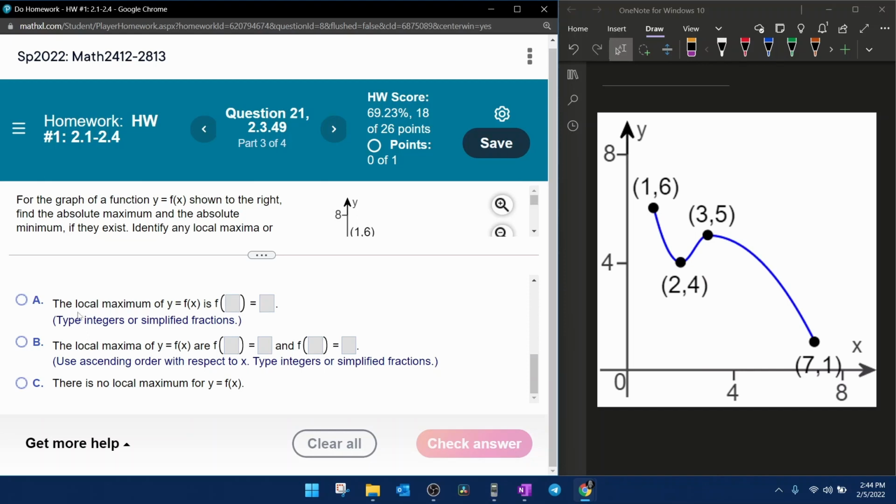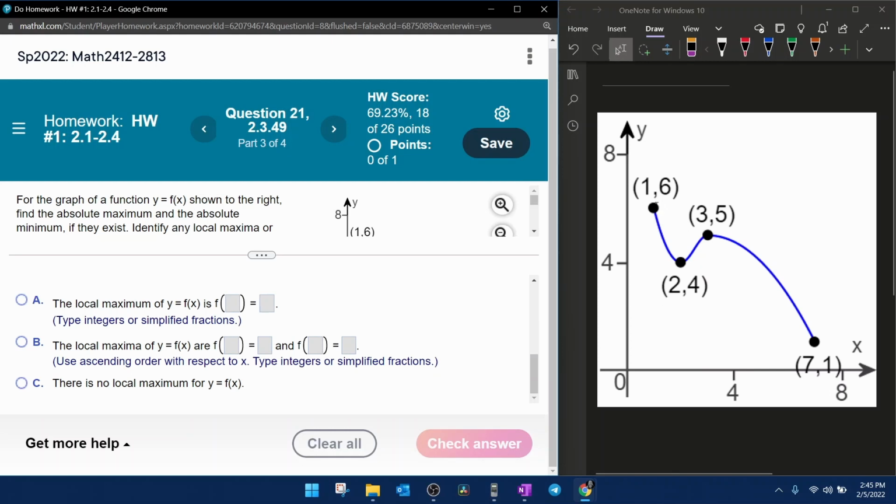Next part, the local maximum of y equals f of x is. So here we're talking about local maximum instead of absolute maximum. Now we know the absolute maximum was 1, 6, but notice here in the middle of the graph we've got a relative low point and a relative high point. These are going to be your local values.